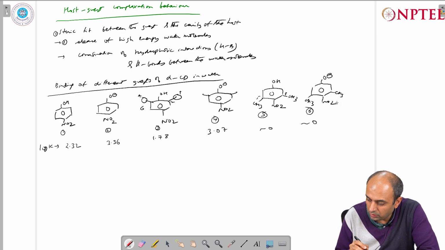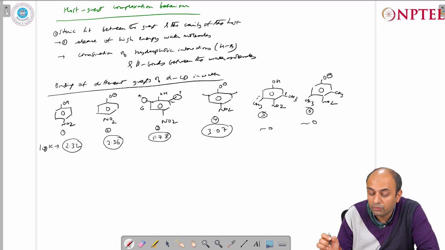To start with, the first observation is that the binding of the phenolate ion is in general greater than that of the hydroxyl compound. So when you have the phenol, the binding is lower compared to that of the phenolate ion.